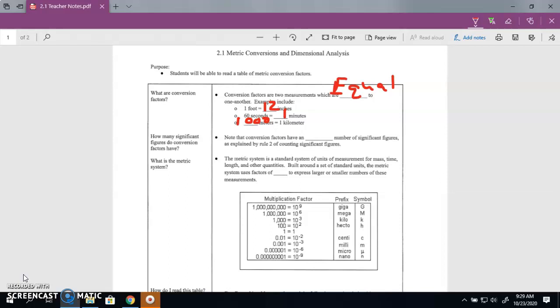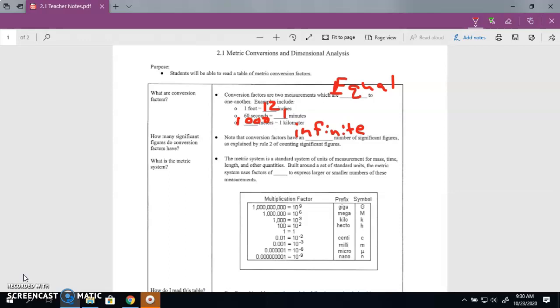Now we learned about this concept of conversion factors when we learned about significant figures also. So the next point says, note that conversion factors have an infinite number of significant figures. That's explained by Rule 2 of counting significant figures.